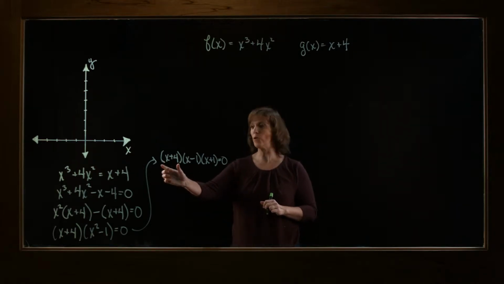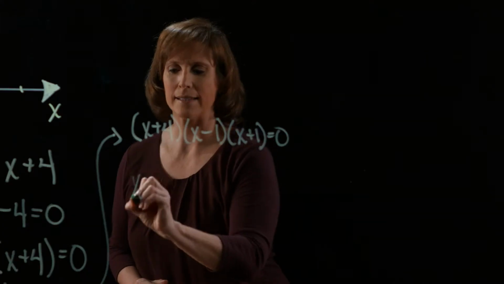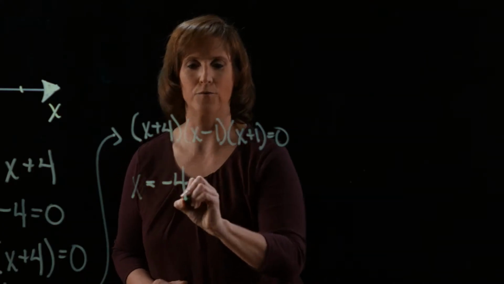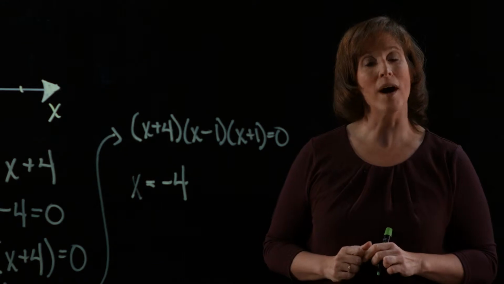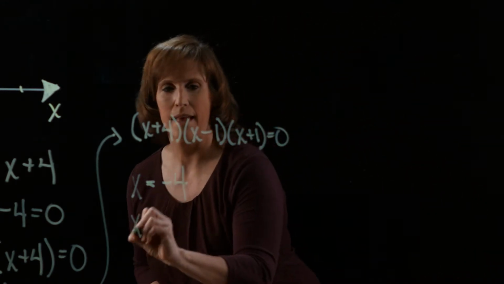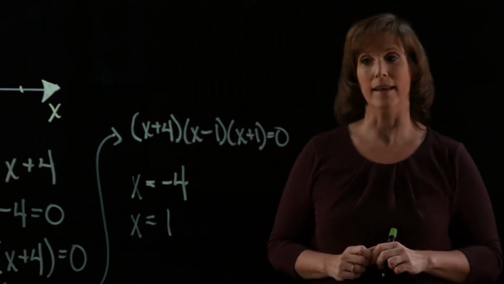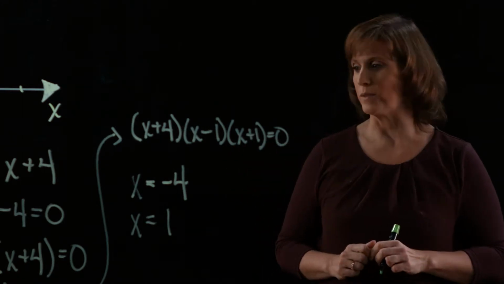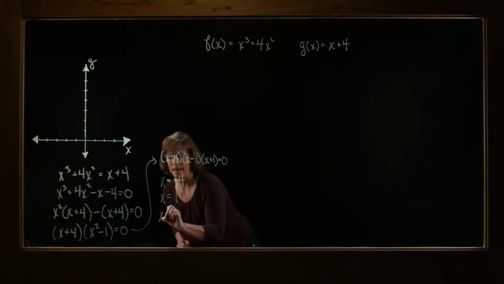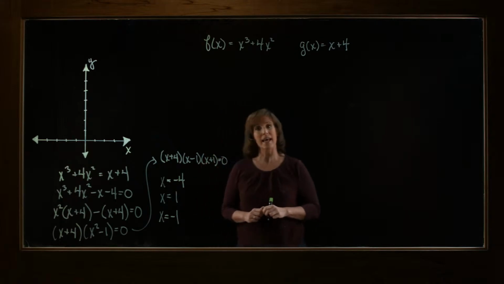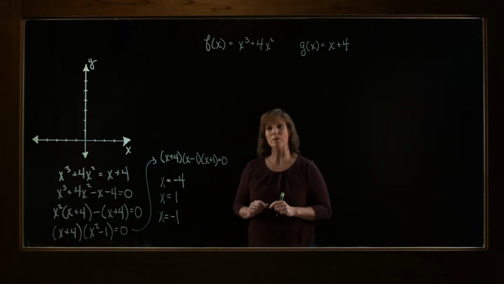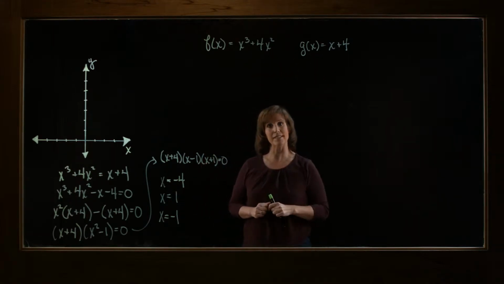So if x plus 4 is 0, that means that x is going to equal negative 4. If x minus 1 equals 0, that means that x is going to be a positive 1. And if x plus 1 equals 0, that means that x is going to equal negative 1. There are going to be 3 different places where these two graphs intersect.